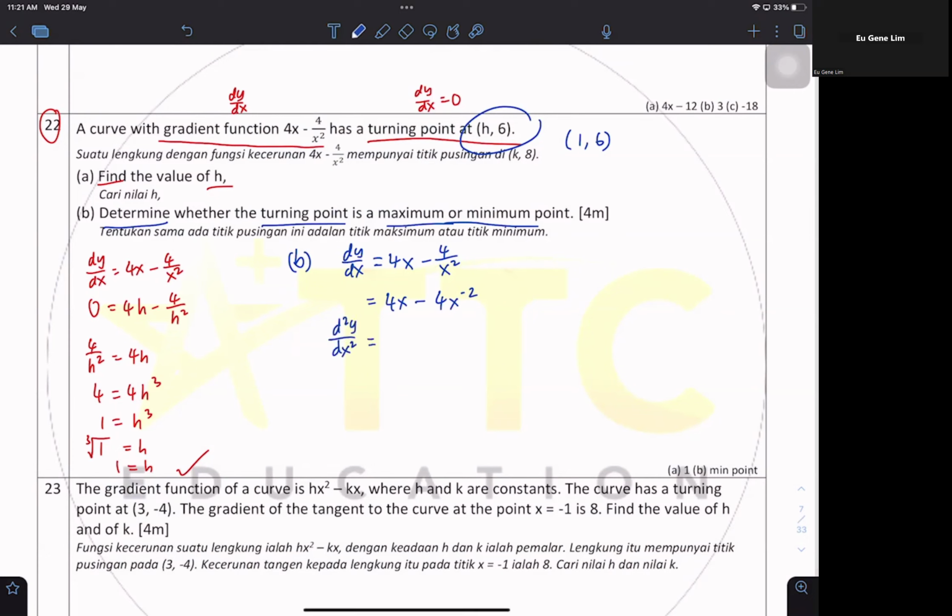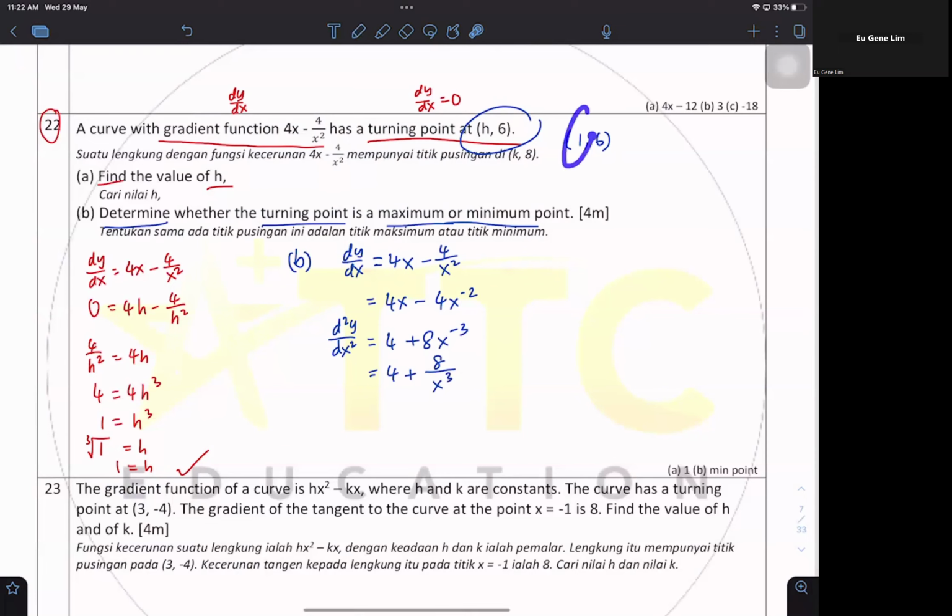d squared y over dx squared is 4. Negative becomes positive, 8x to the power negative 3. Put it back to the bottom: 8 over x cubed. Okay, then how to determine? This is how you determine.